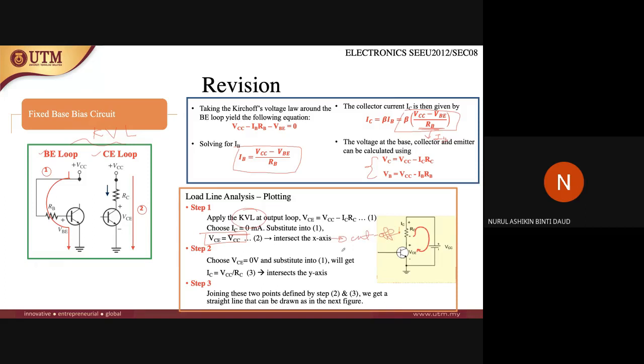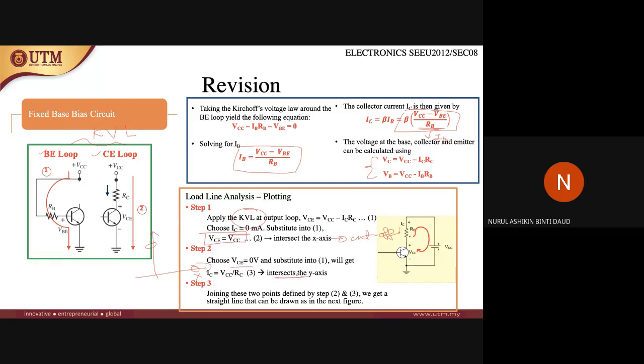Once you know the x-intercept, next you need to find the y-intercept for the y-axis. To find that, you assume that VCE equals 0. This is during saturation. So IC will equal VCC divided by RC.